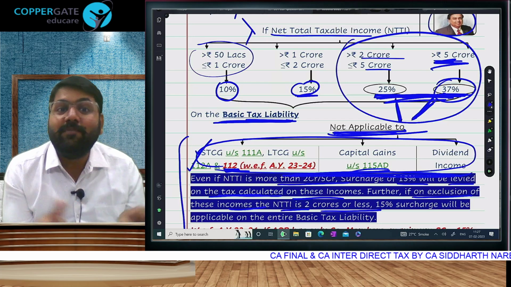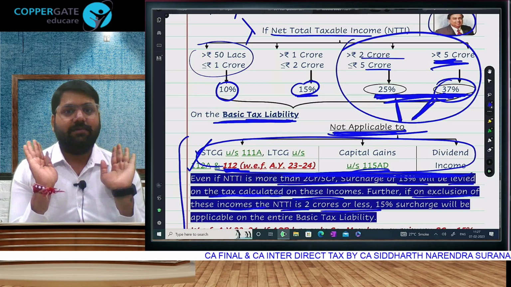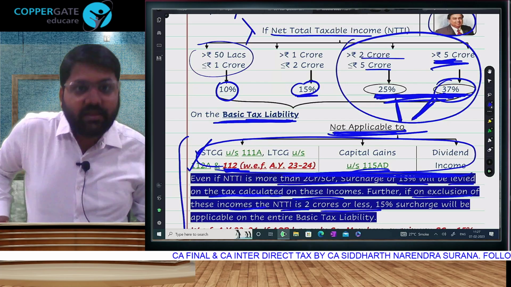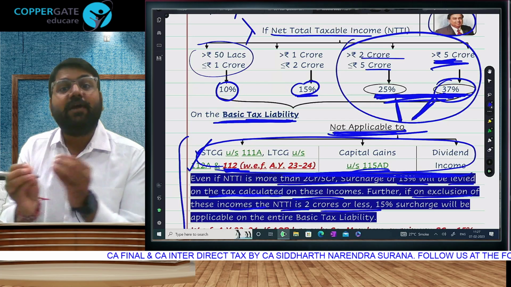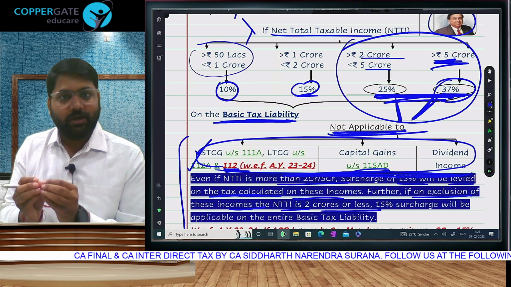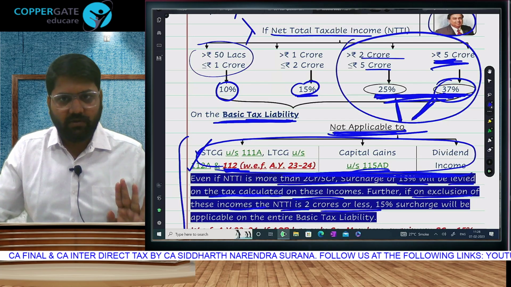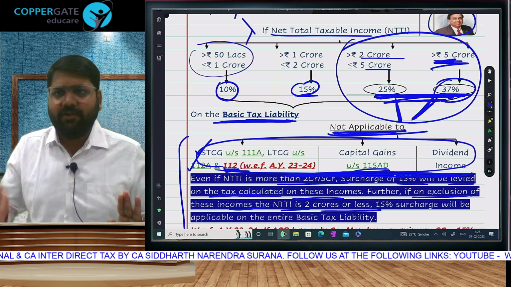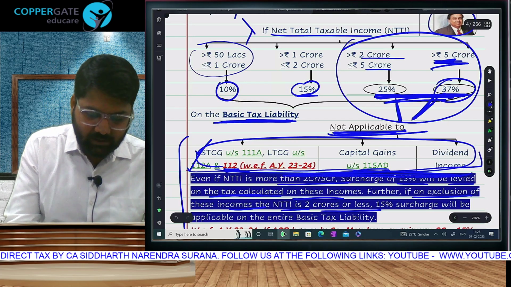No, total income has crossed 1 crore, so 15 will come. The discussion right now is on whether 25 or 37 will apply or not. 15 is fixed because you have crossed 1 crore. 15 will apply, 25 and 37 will not apply.